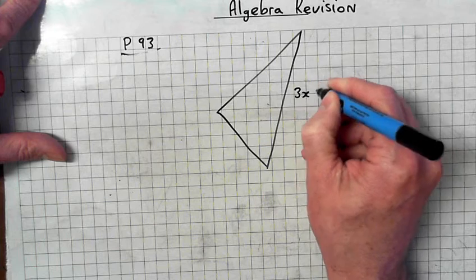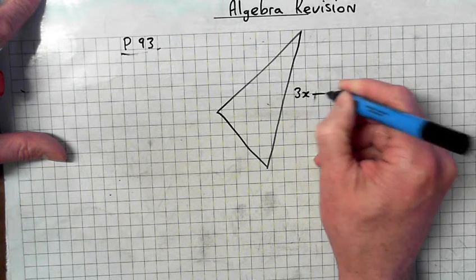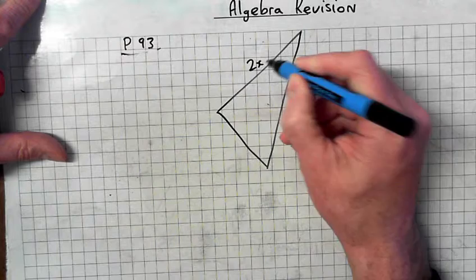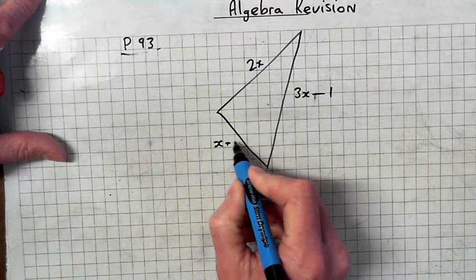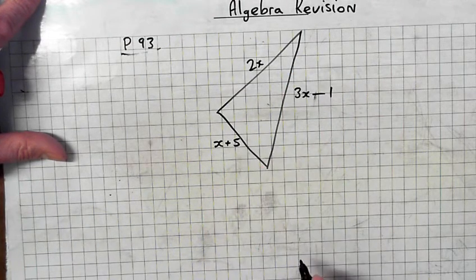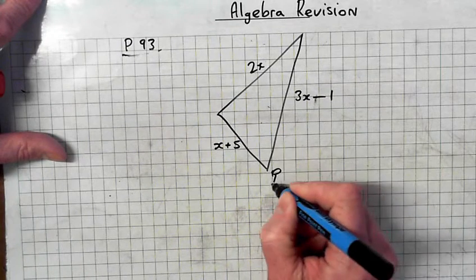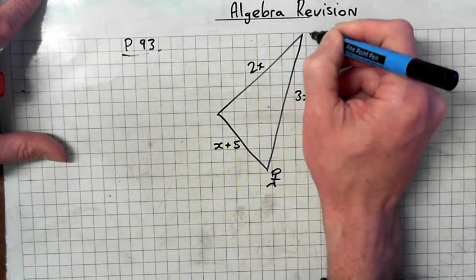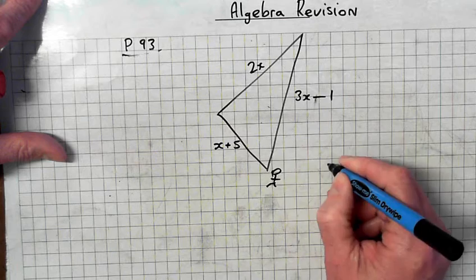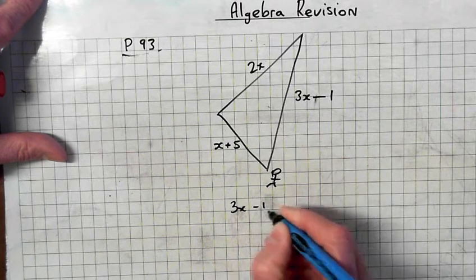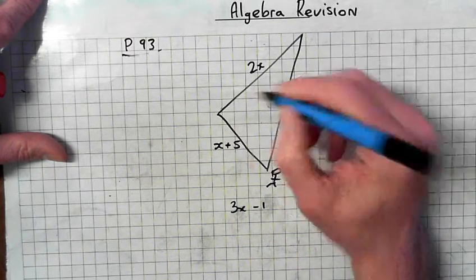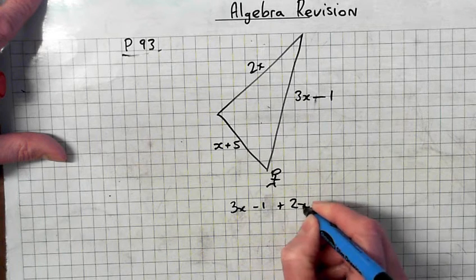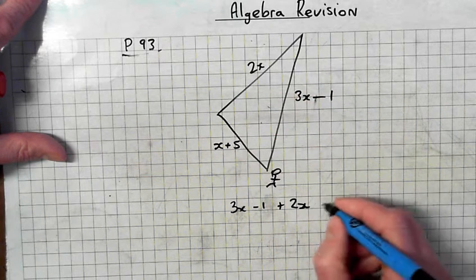So that's 3x minus 1 is the length of that side. This is 2x and this is x plus 5. Okay, so same thing again. We're going to walk around the perimeter. So the first one, 3x minus 1, we're here, plus 2x plus x plus 5.